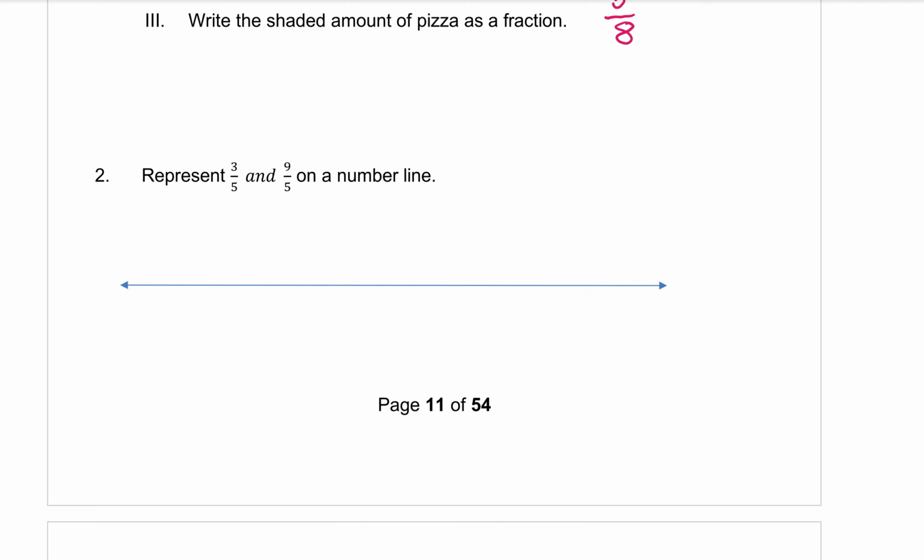So if I start at 0, I could take 5 sections before I get to number 1. I would have 1/5 there, 2/5, 3/5, 4/5, and the next one would be 5/5, but a better way to write 5/5 would be to write 1.